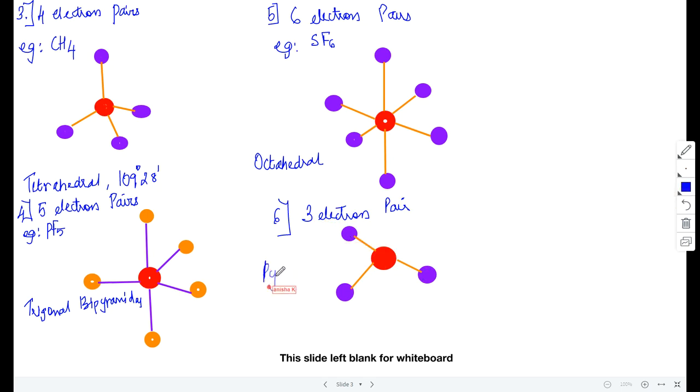Here the name will be pyramidal, and the angle here will be 107. Unlike that, it was 120, right? Here it is 107.